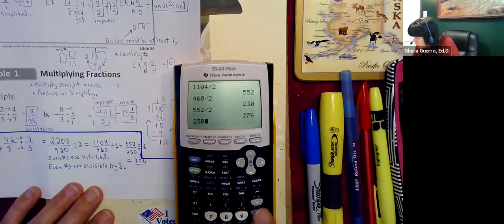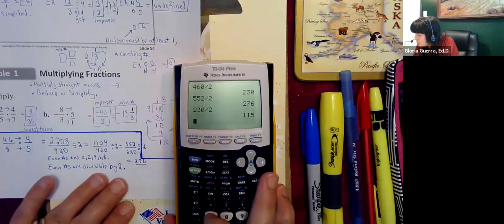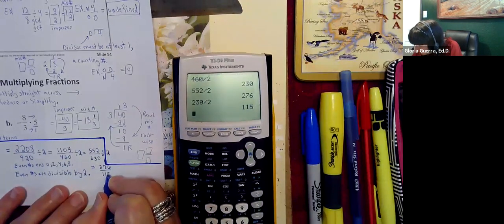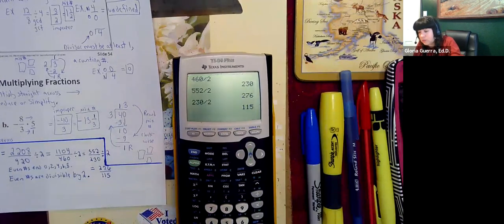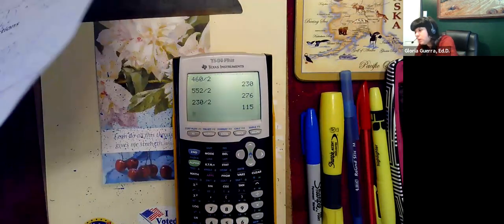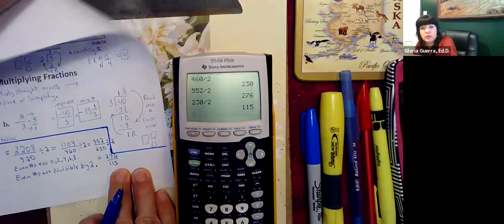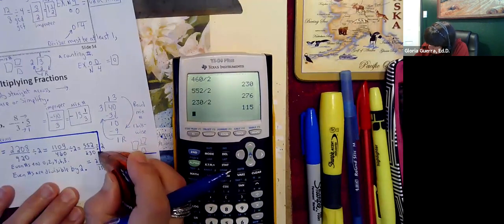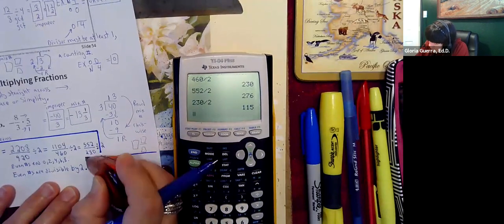And 230 divided by 2 is 115. All right. So now, let's see. Where's my whiteout? Okay. Just erase this here. Fix this here.